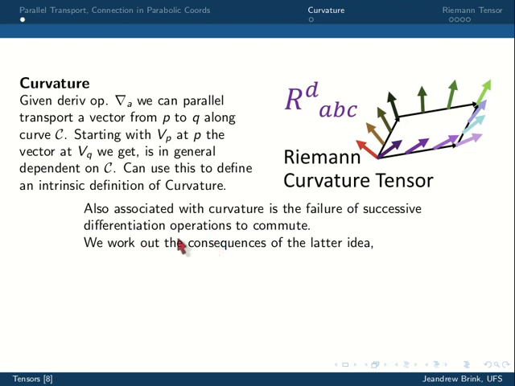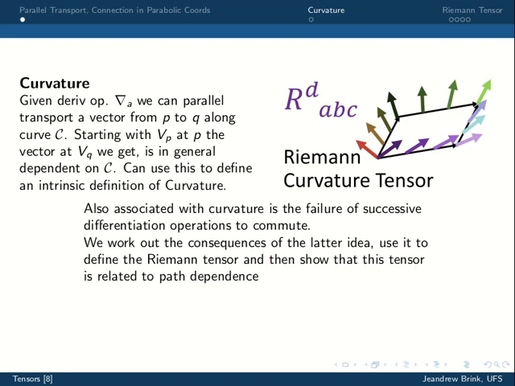We're basically going to start here and work out the consequences of the idea, and then we're going to use it to define the Riemann tensor. What we're going to show is that even though the mismatch in parallel transport may depend on the path, the curvature tensor doesn't.